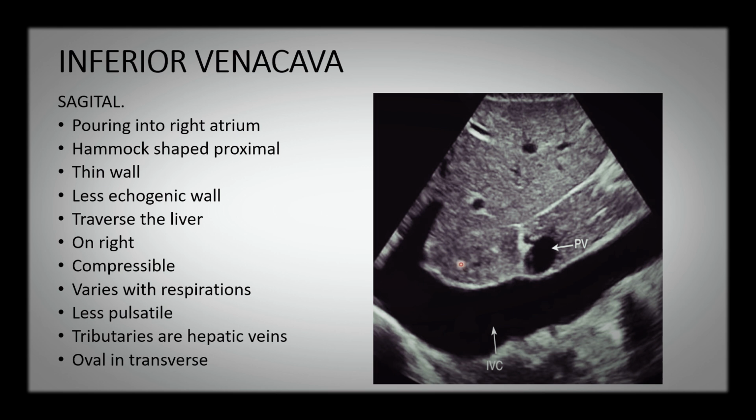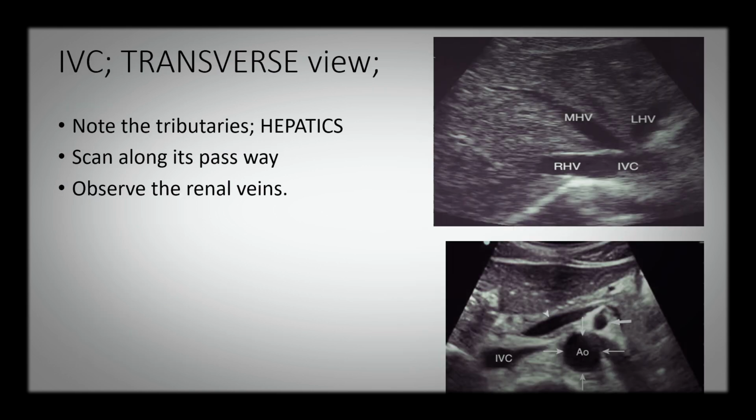It has tributaries, the first ones being the hepatic veins. Then it appears oval on transverse view. So these are the hepatic veins entering or joining the IVC. Then here we can see the IVC appearing oval.